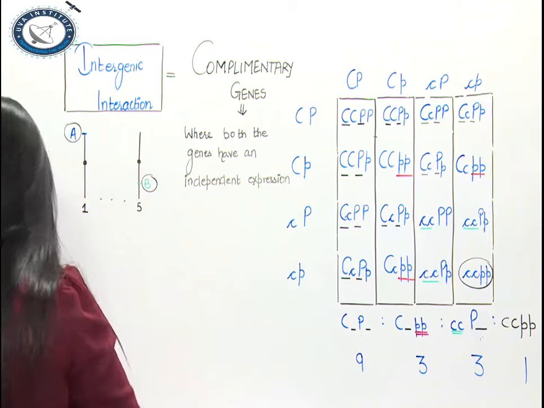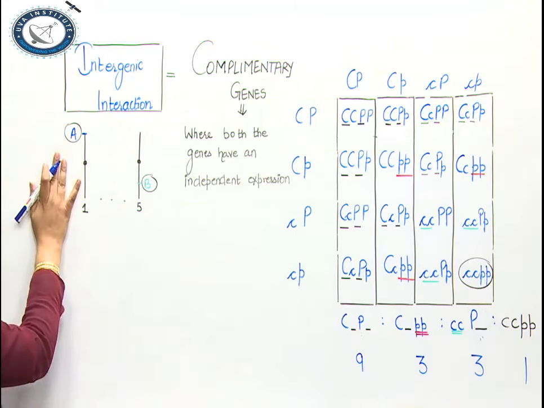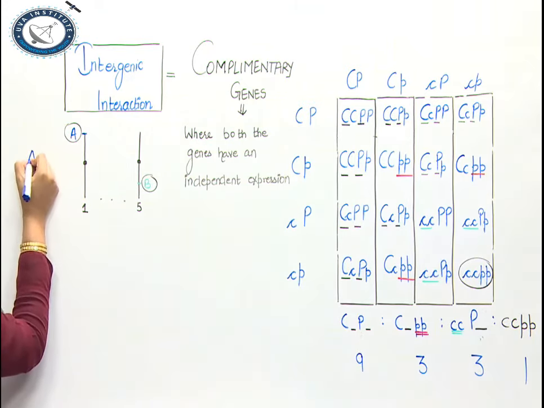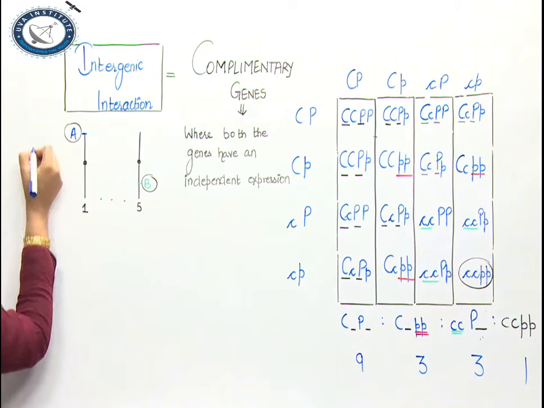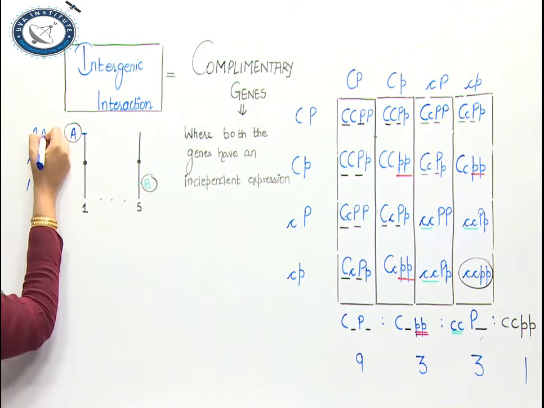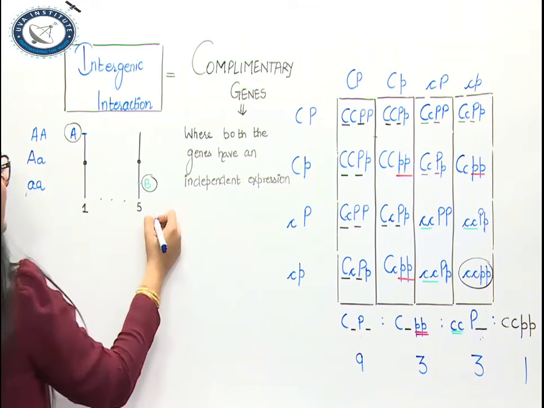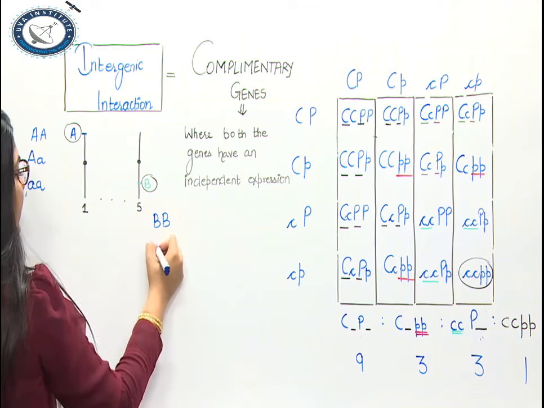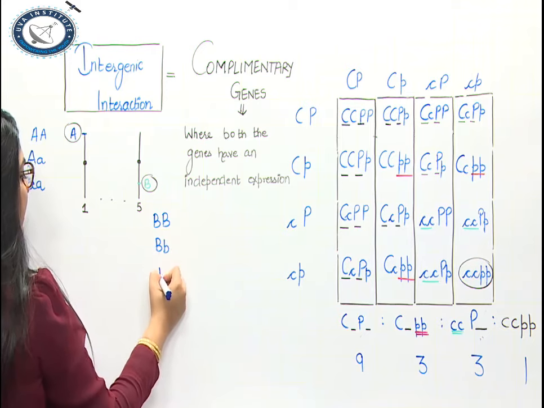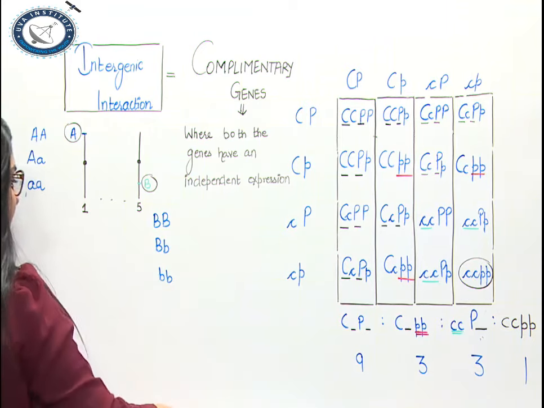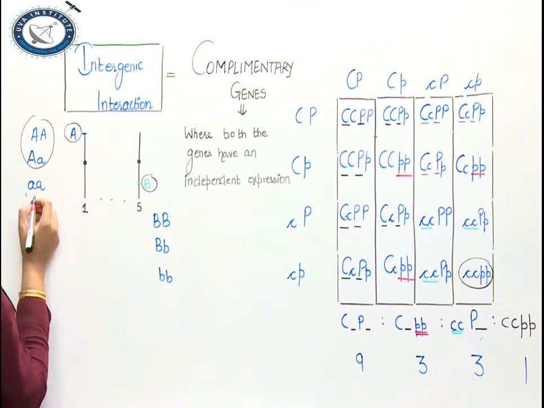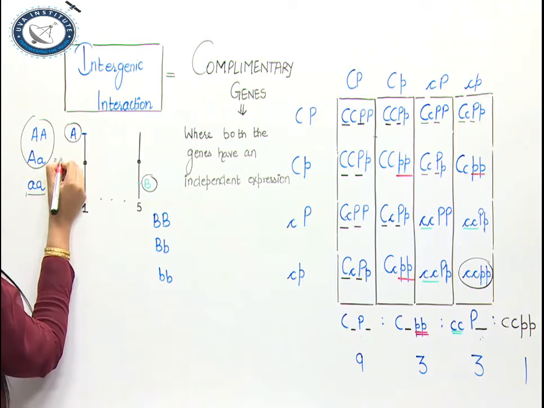such that if I take an example of A gene, I can say that A gene can have 3 possible genotypes. Likewise, B gene can have 3 possible genotypes, showing 2 phenotypes, a dominant and a recessive.